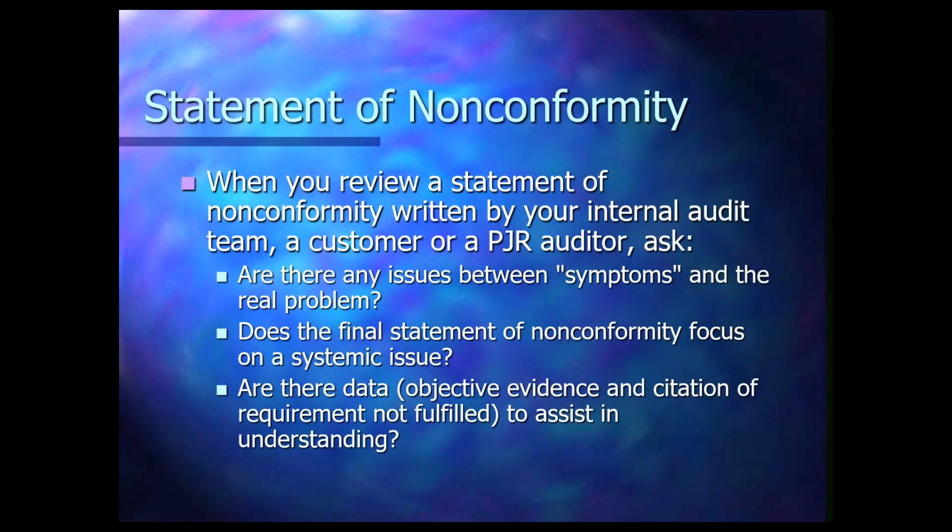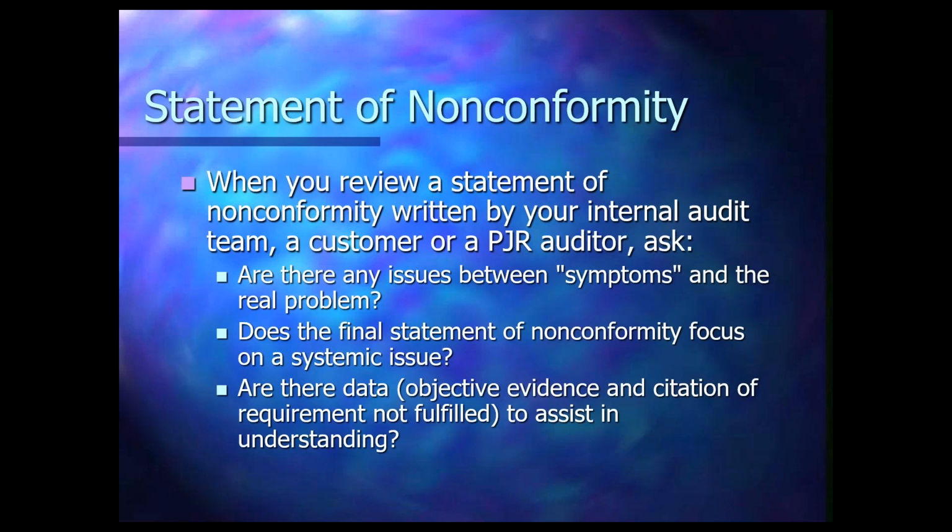Now, when you review your nonconformances from your auditor, you should ask yourself a couple of key questions. Are there any issues between symptoms and the real problem? Does this statement of nonconformance focus on the systemic issue?